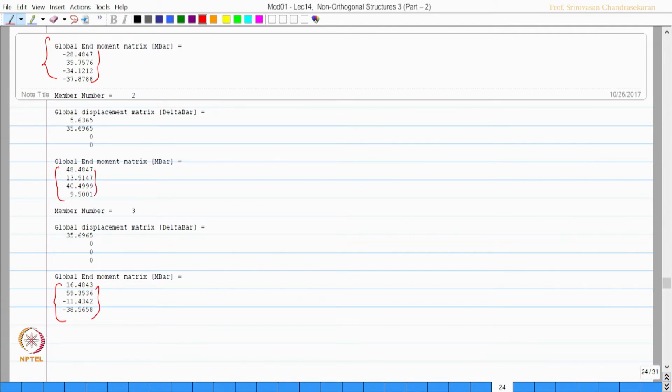So, let us mark them separately and compare the results for our convenience. I am drawing member wise. This is the first member, this is the second member, the third member. So, this is A and B. This is B and C, this is C and D, right.